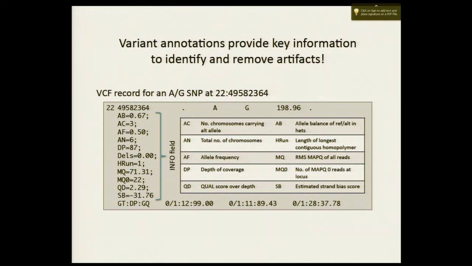And these are all the statistics that have been assigned to this variant. You have things like allele balance, and these are all cryptic names that you have to look in the VCF header to decode. AB is for allele balance, AC is the allele count, so 3 chromosomes had this variant. This is the allele frequency, and this is the depth, so there were 87 reads in this region. Maybe having excessively high depth or excessively low depth is a signal for being in error. There's tons of these things.